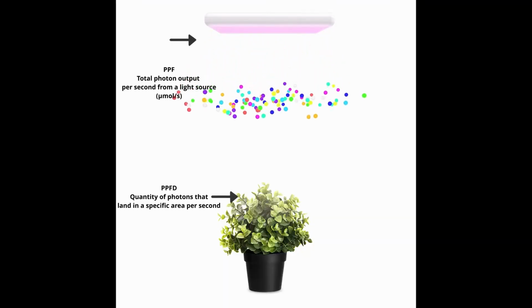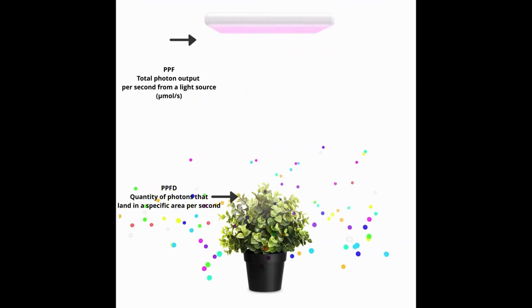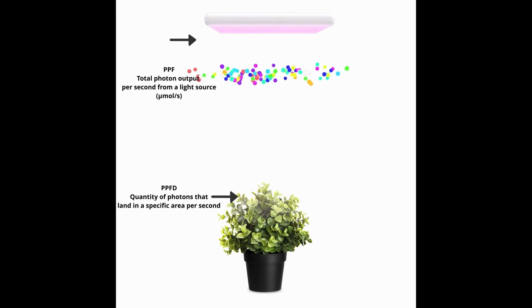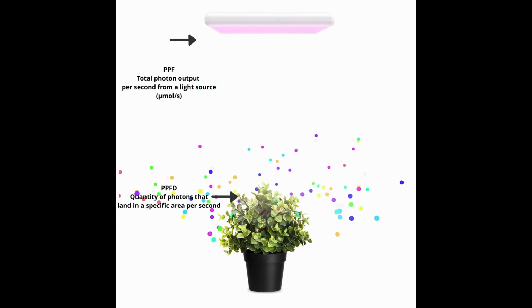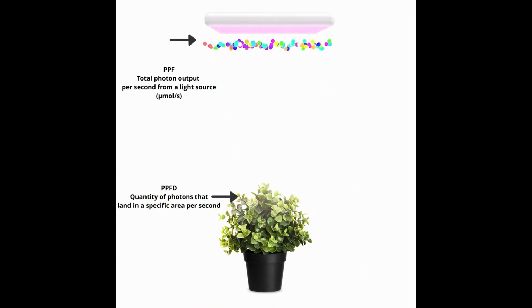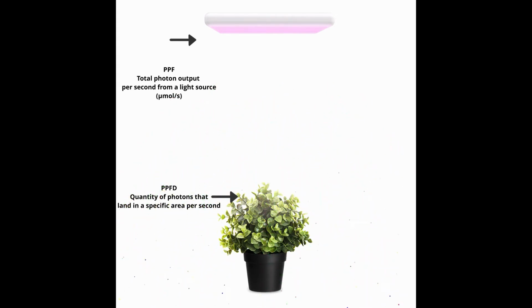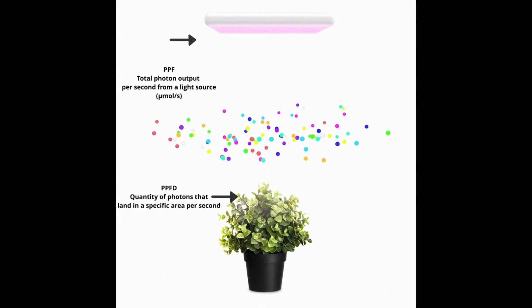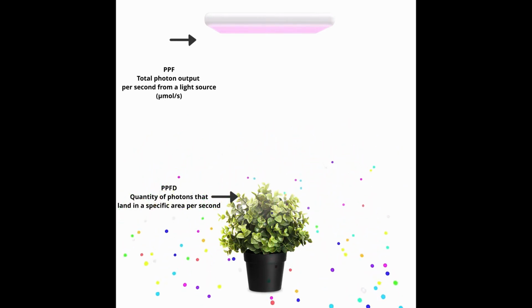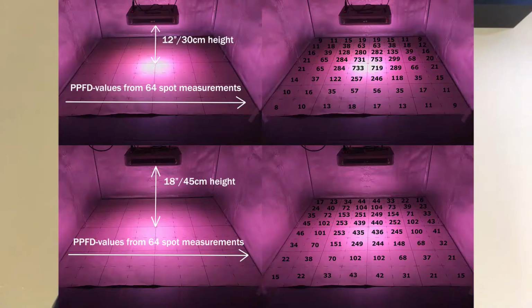PPF is commonly used when referring to how much light a lamp is producing in total each second. It does not tell us where the light ultimately lands or how strong light is at a certain place. The PPF of a lamp is constant, whereas the PPFD can increase and decrease depending on the distance between the lamp and the area where it's measured.